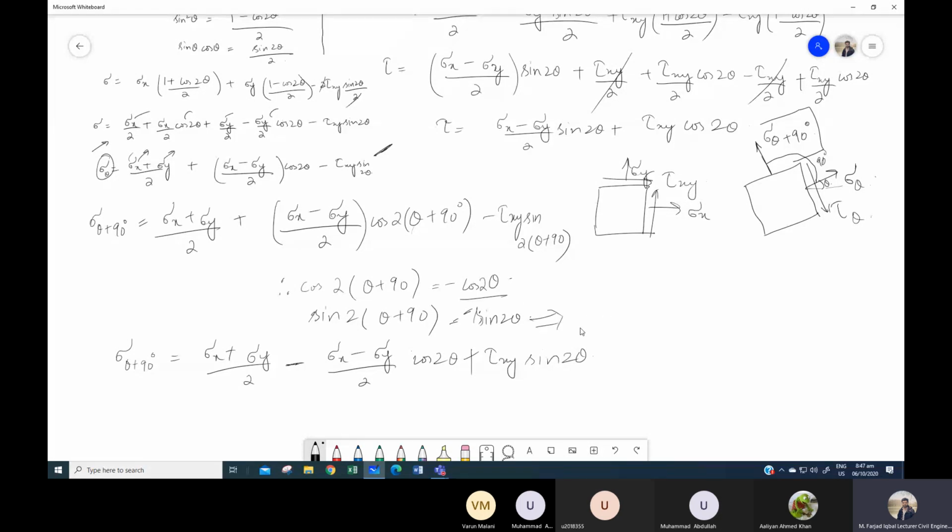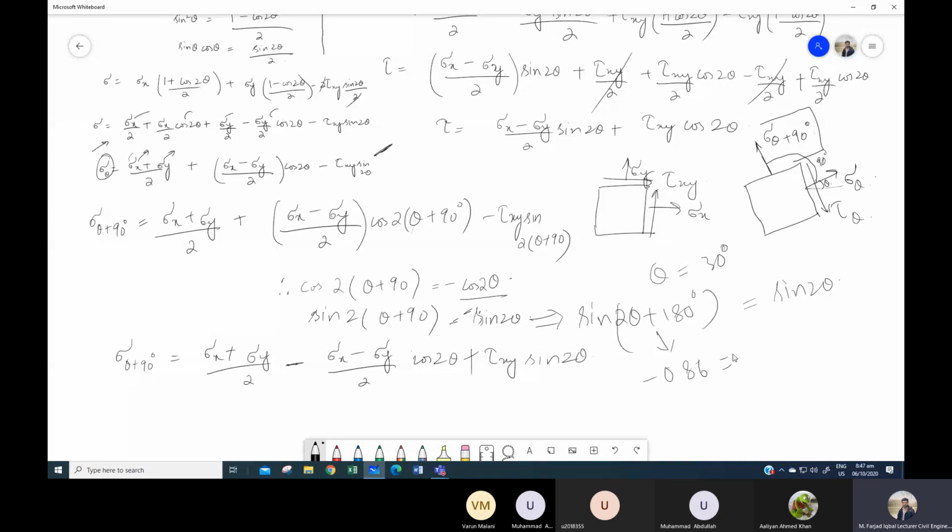For example, that would be sine of 2 theta plus 180, right? And on the other side, we have sine 2 theta. Let's say theta is equal to 30 degrees. So what will be this angle? Sine 240. So what is sine 240? Minus 0.86, right?